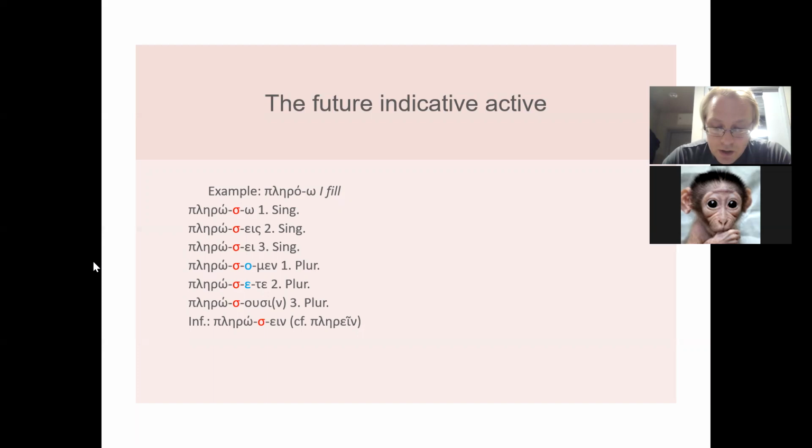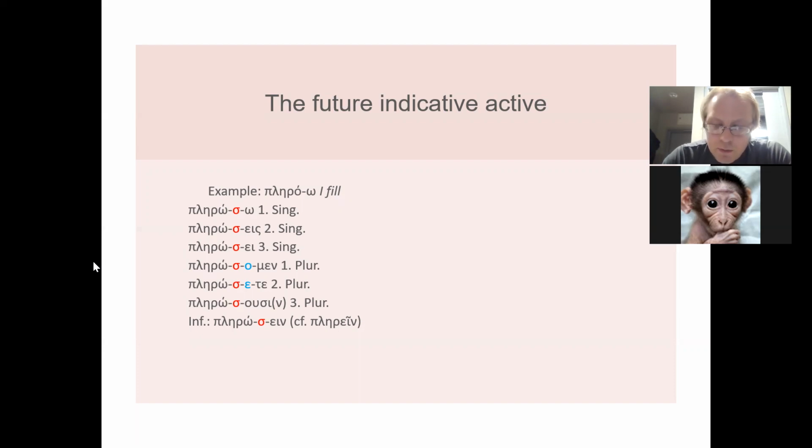So these are, as we can see, actually the very same endings as in the present active indicative. Also, the so-called thematic vowels, epsilon or omicron, that fall between the stem and the ending are the same in the present and in the future.